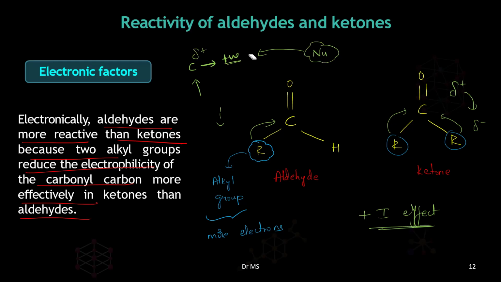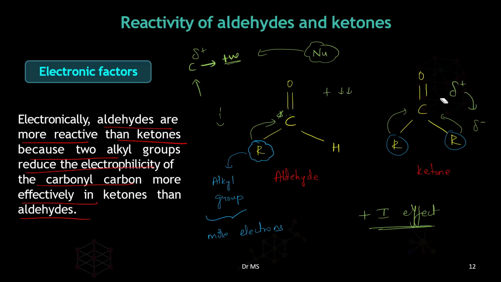But what we are doing here, I kept an alkyl group. Alkyl group contains a number of electrons. So those electrons are trying to push towards this carbon, this star carbon. Because of that, whatever positive charge is there, it is losing and decreasing.